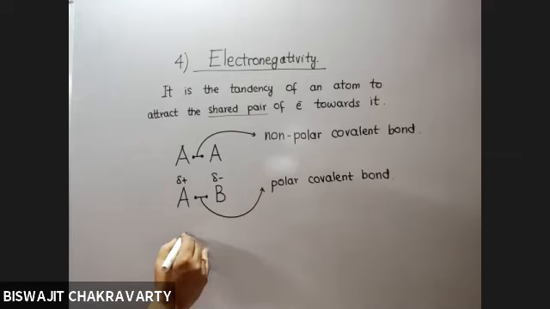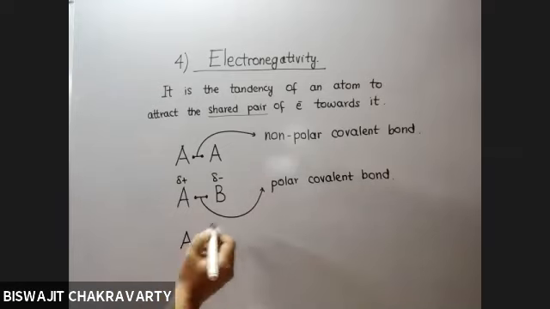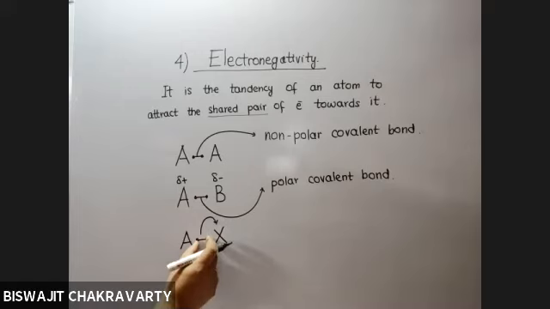Now, let us move on to the next example. Suppose there is A with another atom X. This is highly electronegative, and this is very less electronegative. So in that case, what will happen? In this case, X will completely take away the electron pair towards it.